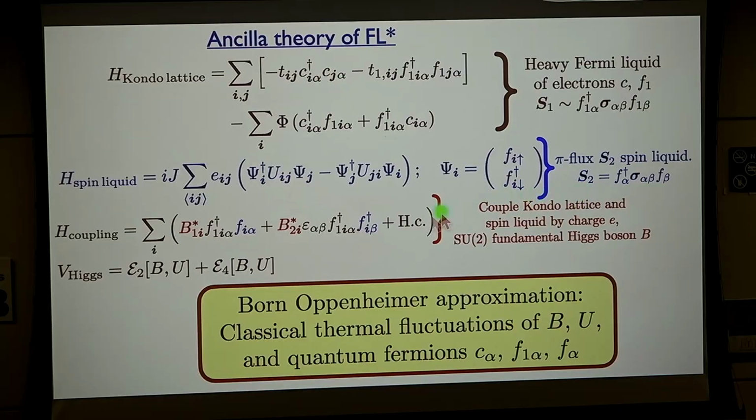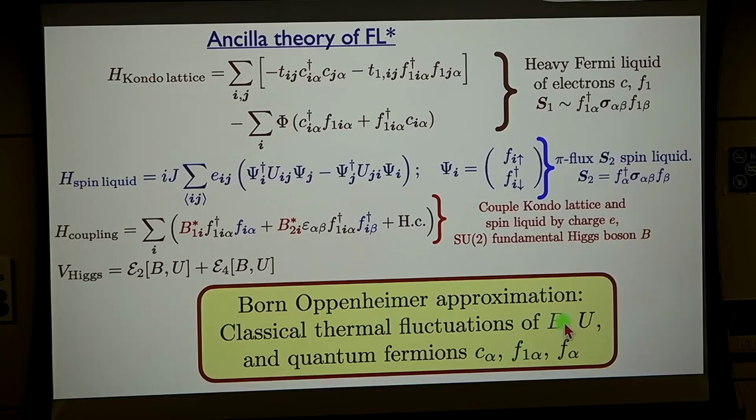So what we say is, we're going to do the Born-Oppenheimer approximation, which is exactly what people in the phase fluctuation theory also did, except our fluctuations are of a fractionalized boson, not the paired Cooper pairs. So we're going to take a classical thermal theory of B and U and just simulate it on the computer.